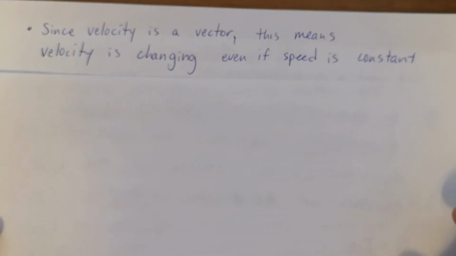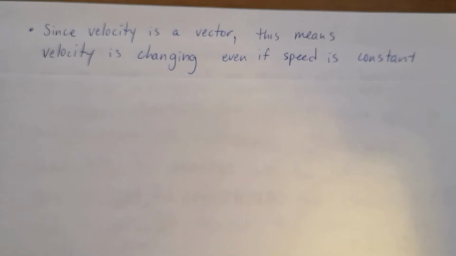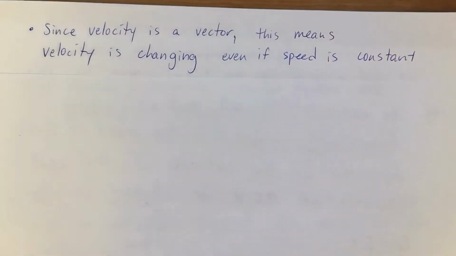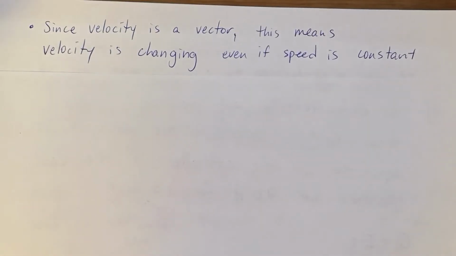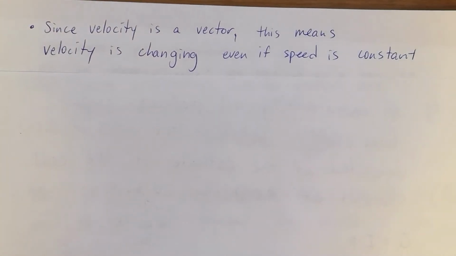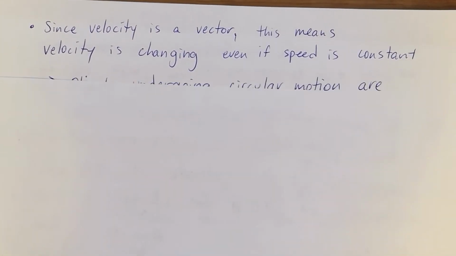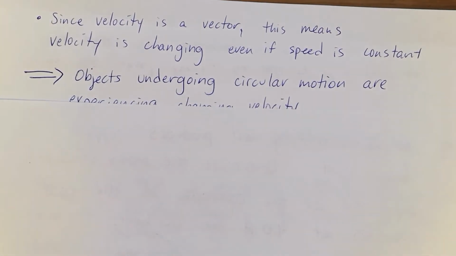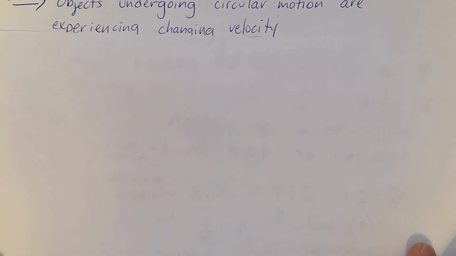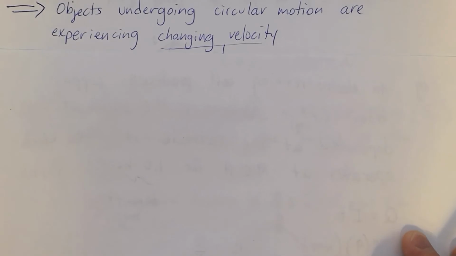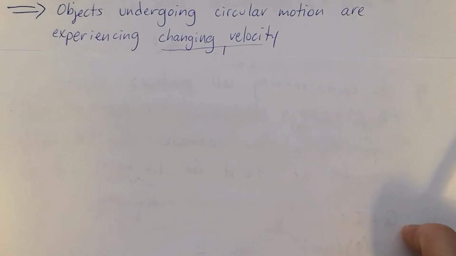So velocity is a vector. If the direction is changing, that means that the velocity is changing. Direction is part of that. I'm going to generalize here. Objects undergoing circular motion are experiencing a changing velocity because the direction is constantly changing.